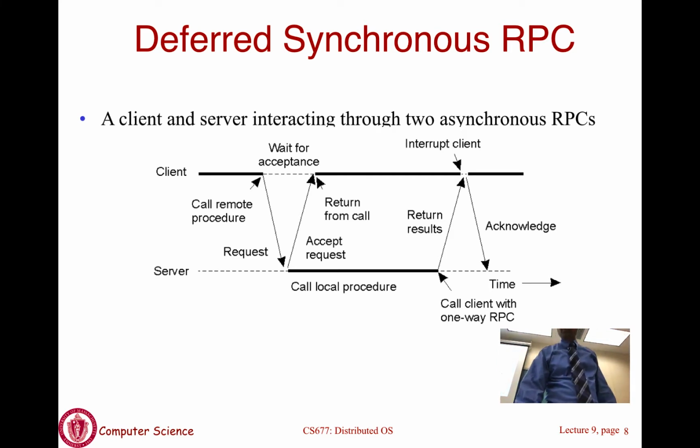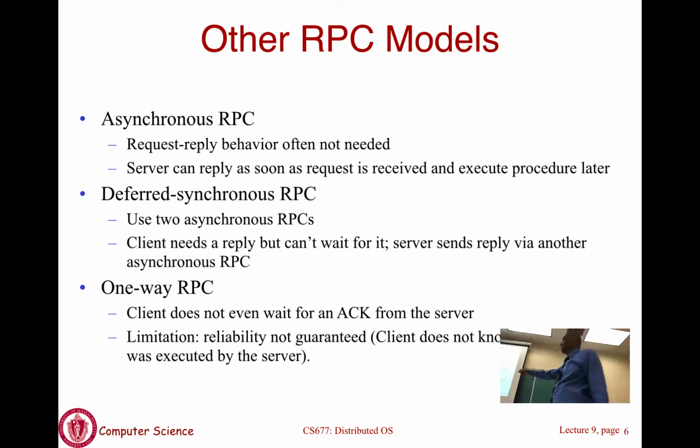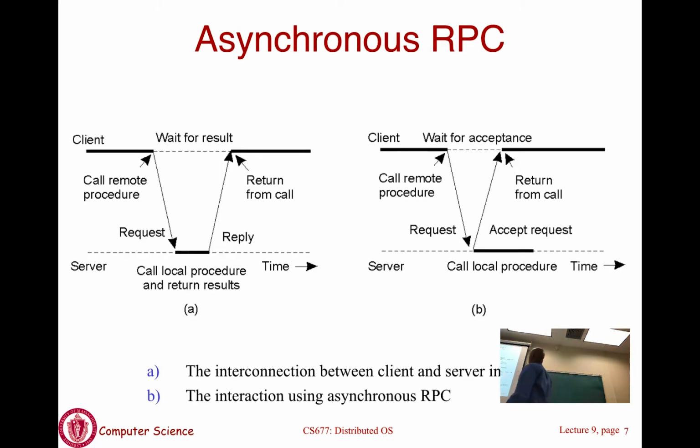Both asynchronous. And then there is of course one-way RPC, which is essentially asynchronous RPC, where the client is not even going to wait for an acknowledgement from the server, meaning that you just make a request and then you just continue execution. I don't have a picture for it, but you can imagine the asynchronous RPC picture where the client just continues execution after making the request.